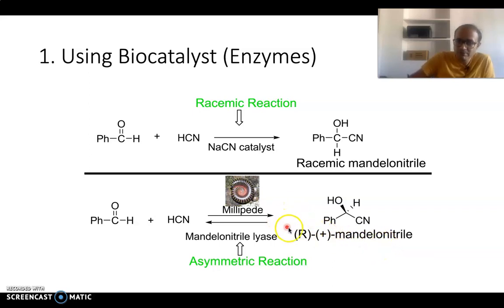So by use of a biocatalyst like an enzyme, you can synthesize a particular enantiomer, in this case exclusively the R enantiomer, without going through any kind of racemic formation. This is one good example of use of a biocatalyst. In books, you can find more examples where different enzymes are used to carry out different kinds of asymmetric synthesis.